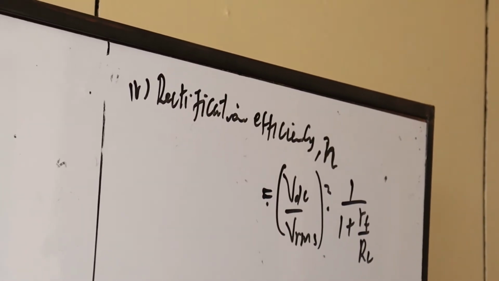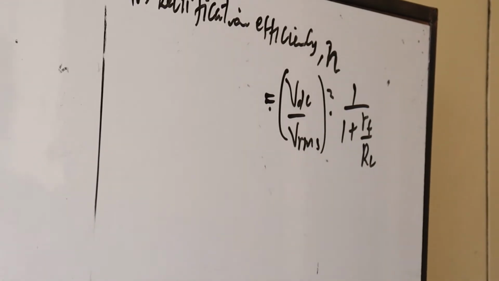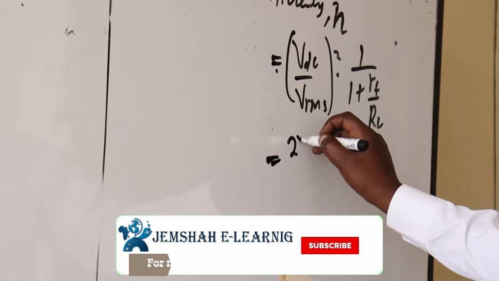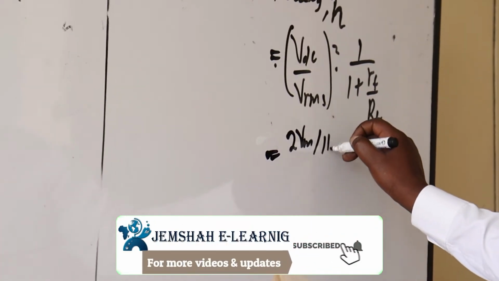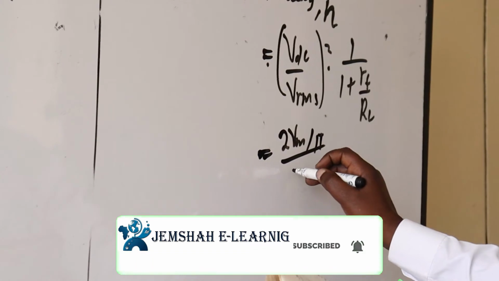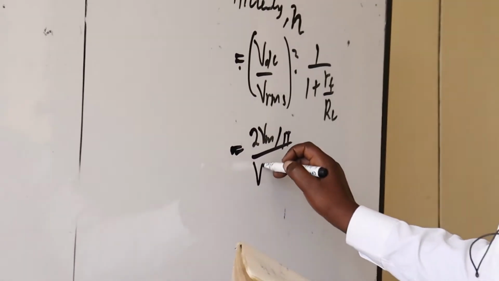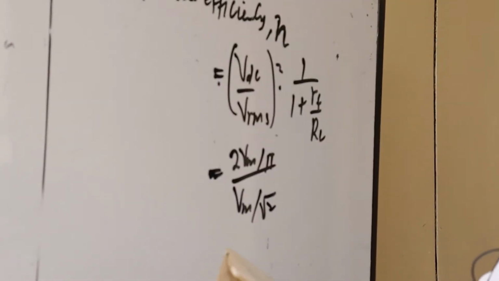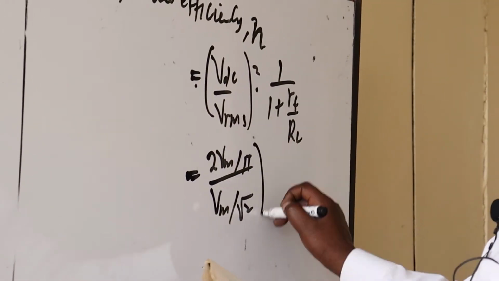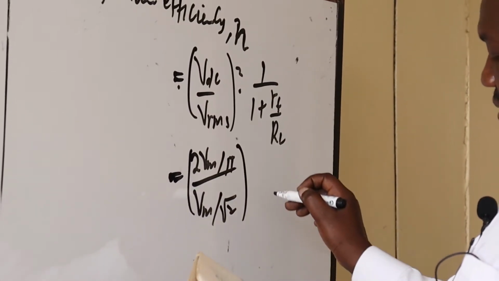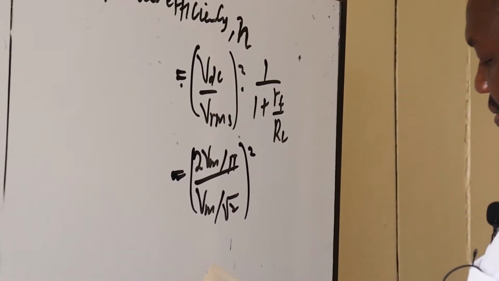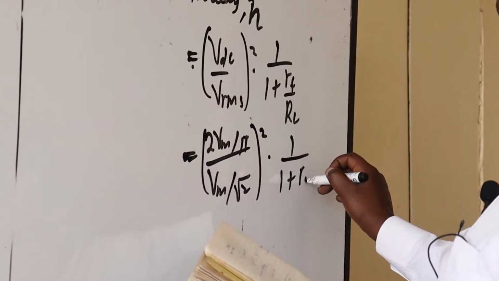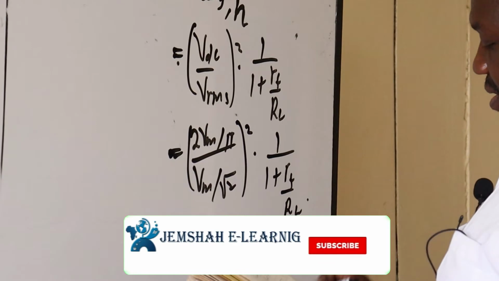So if we insert them, we know what VDC is. So 2 Vm over pi over Vm all over root 2, squared, times 1 all over 1 plus RF all over RL.